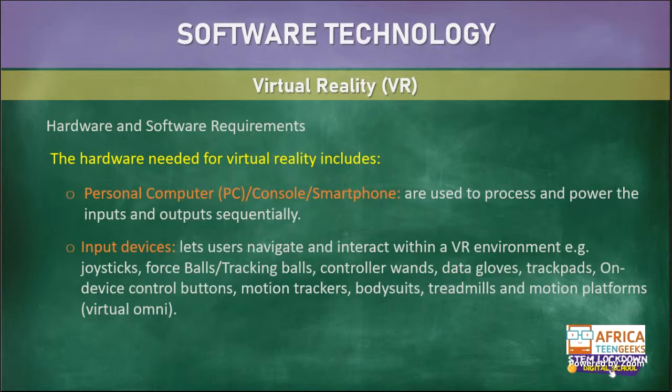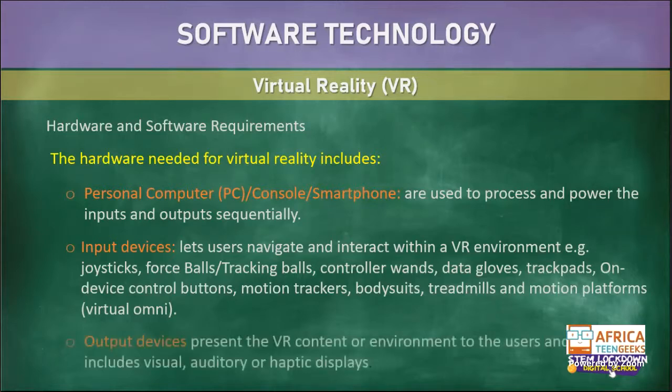So for instance, for games, you need joysticks, force balls, tracking balls, controller wands, data gloves, trackpads, on-device control buttons, and then you also need motion trackers, body suits, treadmills, and motion platforms so that you can interact with the environment.